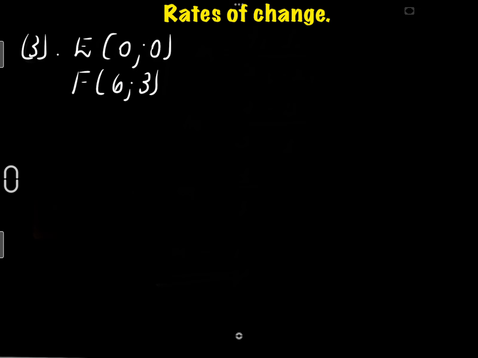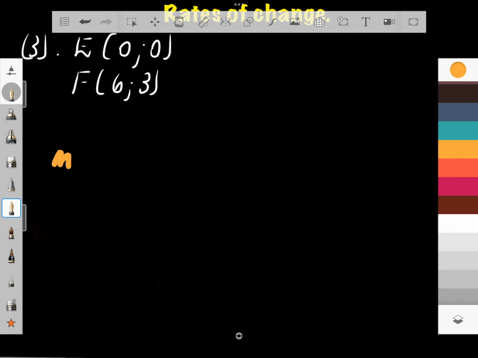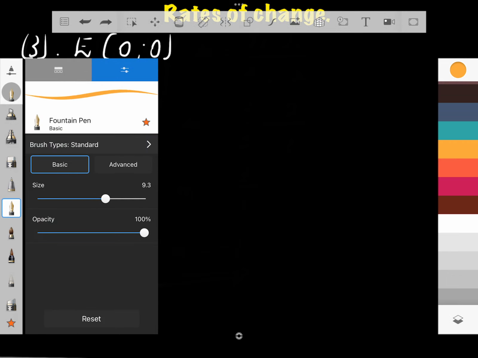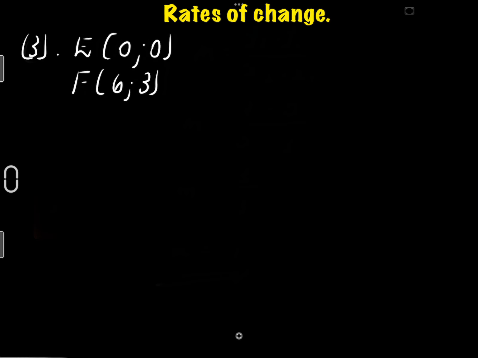So by calculations we have our gradient, so I'll simply write it down here. m is equal to the change of y over the change of x. By substitution, I can start with point F or the coordinates of point E, either way.